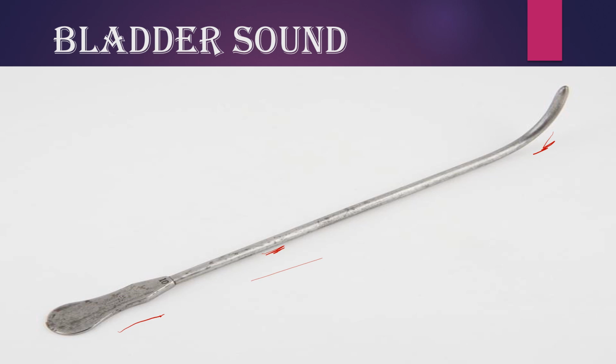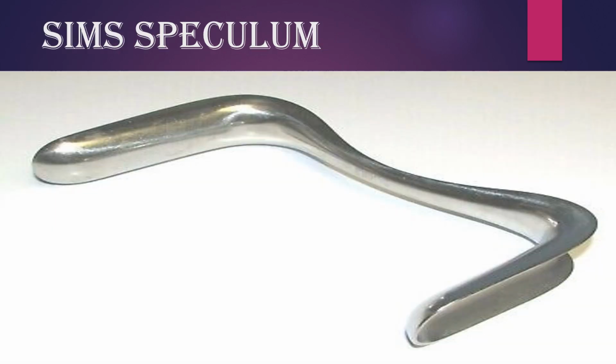Also, in vaginal hysterectomies, sometimes the surgeons may rupture the bladder. To see whether it is intact or not, they insert this instrument to see whether it is coming out or not from the next stand.